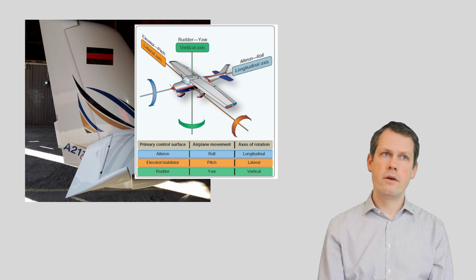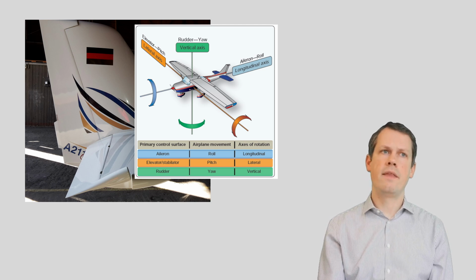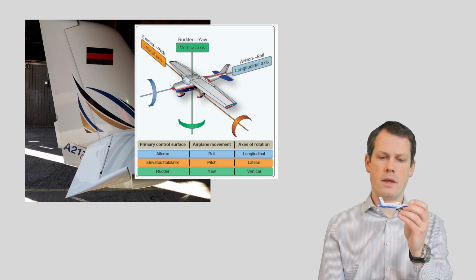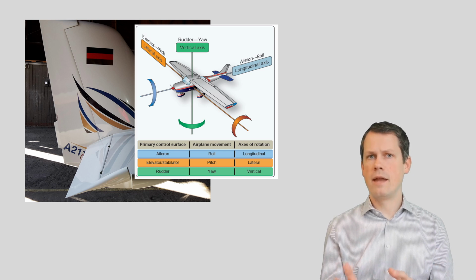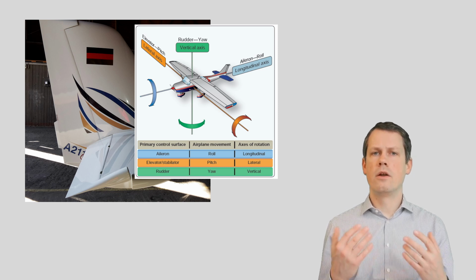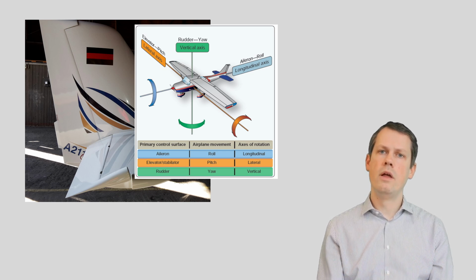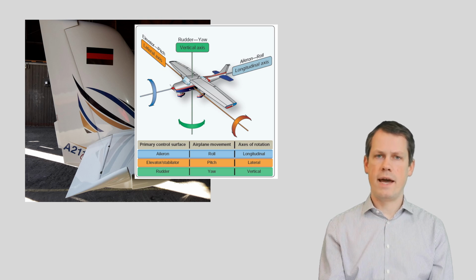Then let's talk about the rudder. It's the vertical control surface on the tailplane. As I've said before, it's rotating the airplane around its vertical axis. On the ground, you need the rudder pedals to steer the airplane with the nose wheel steering if you have one, and also if you're going faster, like during the takeoff roll, you use it also to steer the nose left or right.